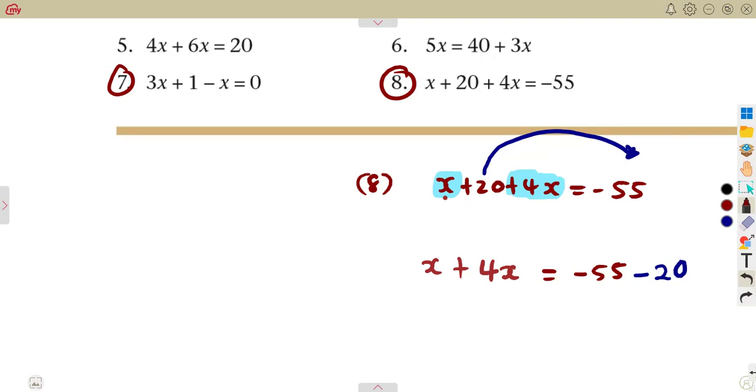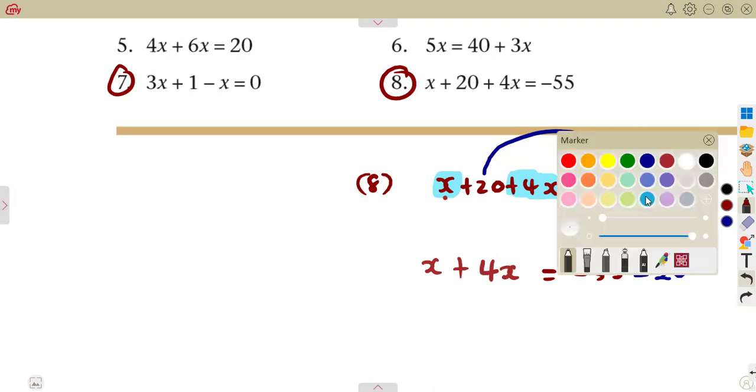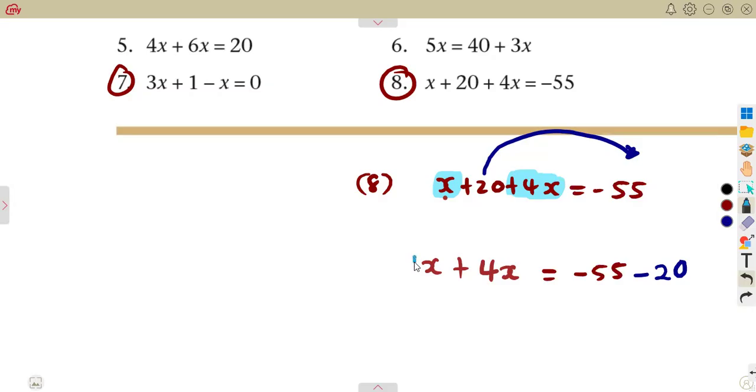So let's add. Remember, in our algebraic expressions, we're adding this knowing that there is a 1 there on x. So we are simply adding 1 plus 4, which is 5x. So this is equal to minus 55 minus 20, which is minus 75.